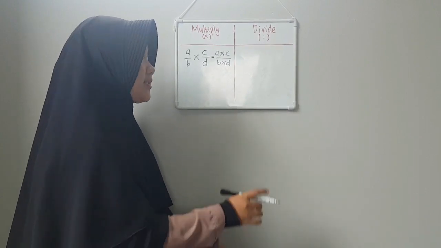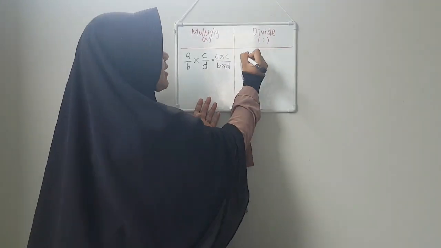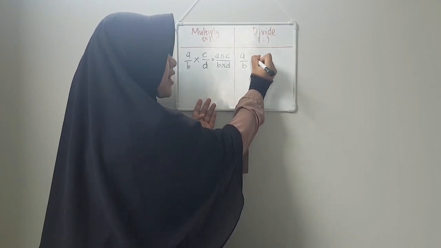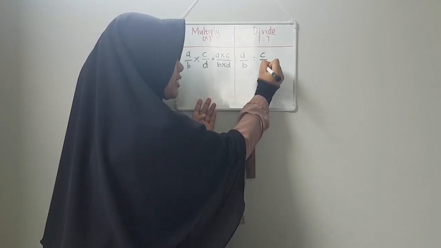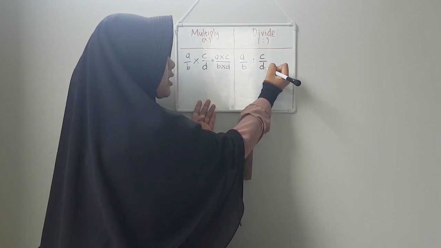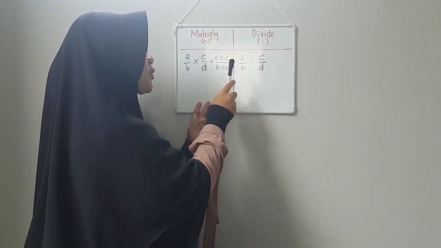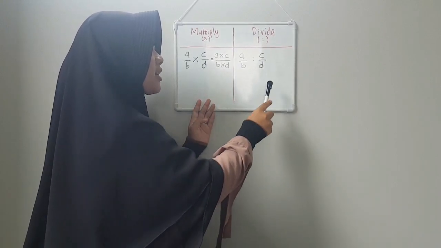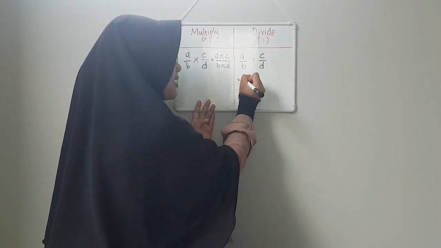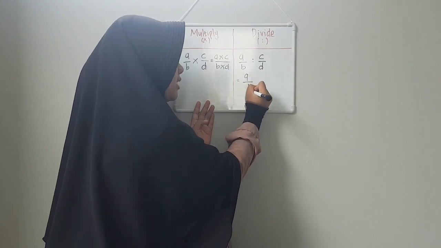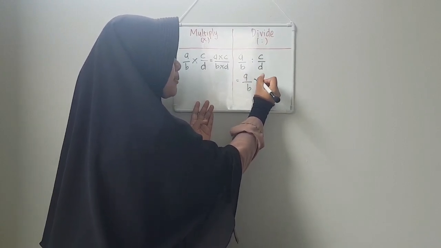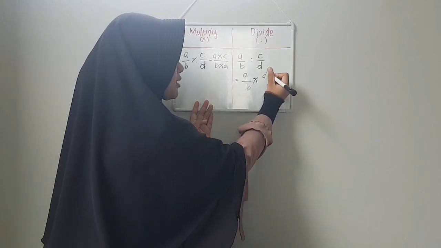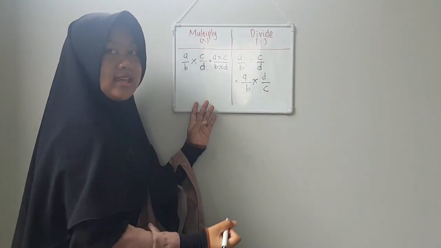And then about division, we can write A over B divided by C over D. This is different from multiplication, because we have to turn over C over D, so it becomes A over B multiplied by the flipped C over D, D over C, like this.